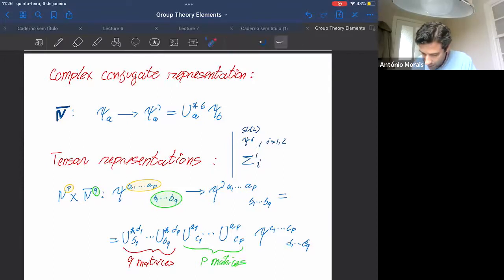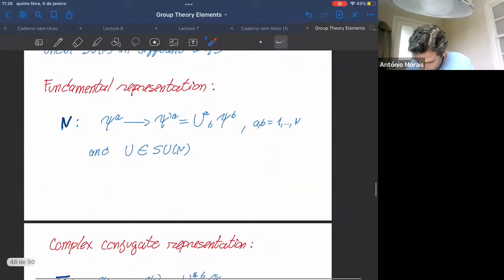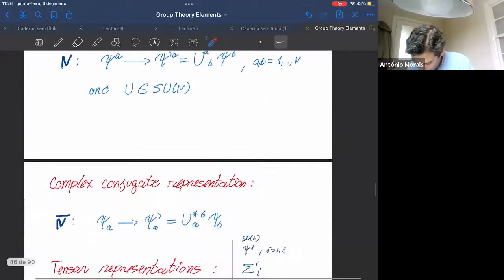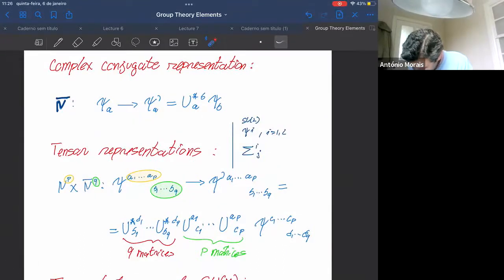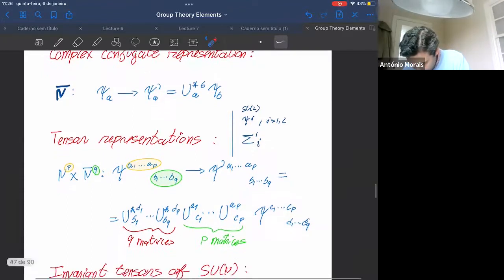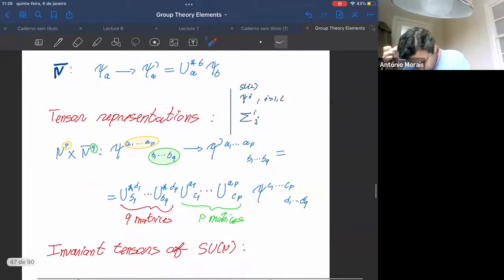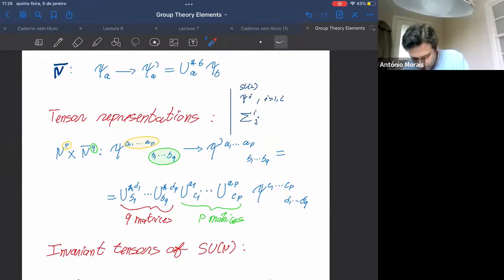The anti-fundamental ones go in this way and the fundamental ones the opposite way. I'm writing everything here, so there is nothing special. This is the way it transforms to a certain psi prime, which would have different indices.